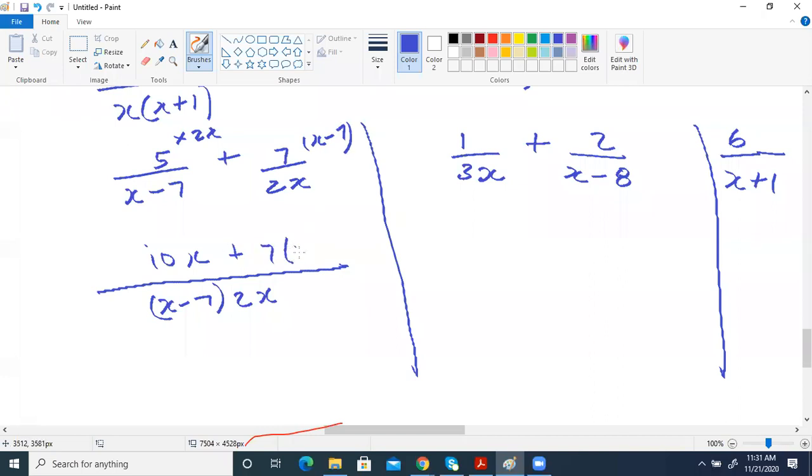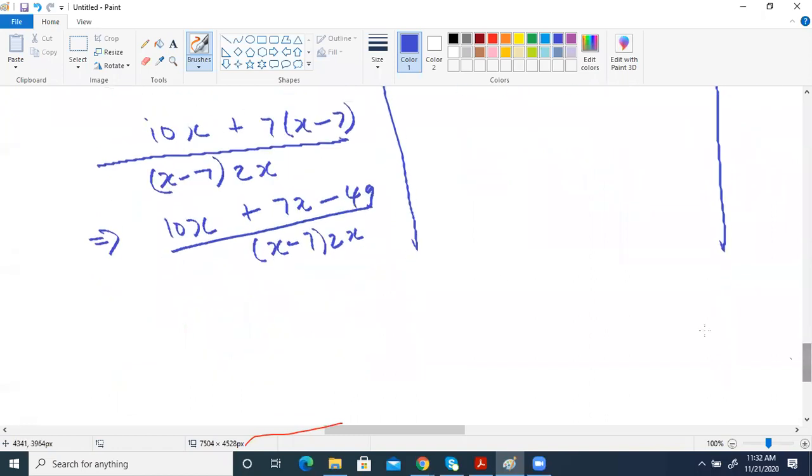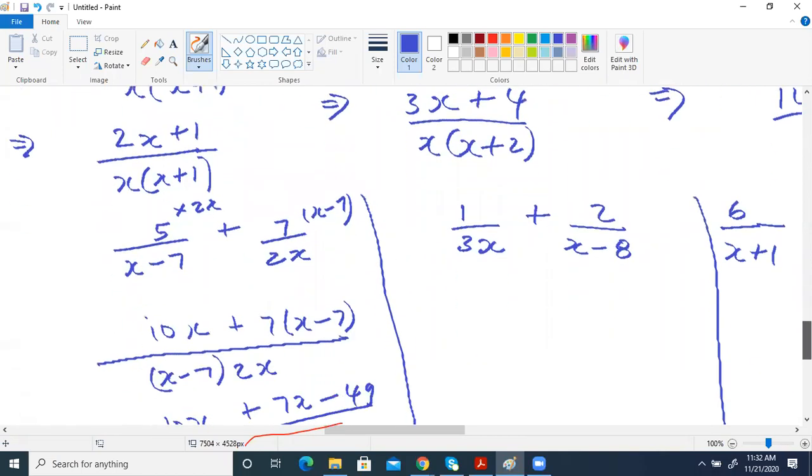Just to show the working, here we have 10x, and then 7 times x is 7x, and negative 7 times negative 7 is 49, minus 14. We can simplify this to 17x minus 49. Got that one.